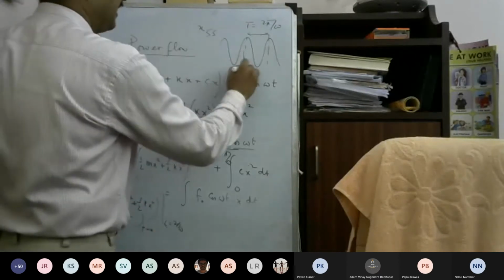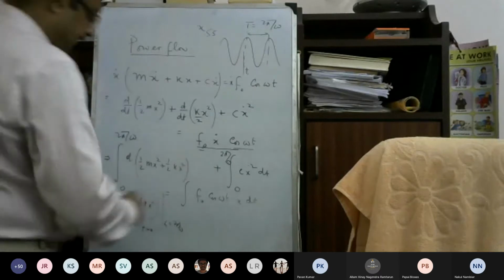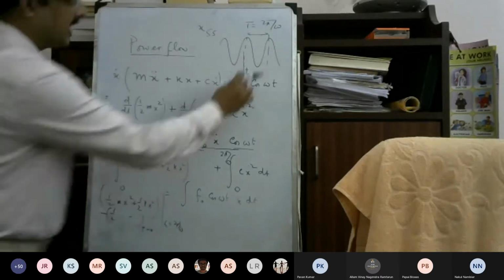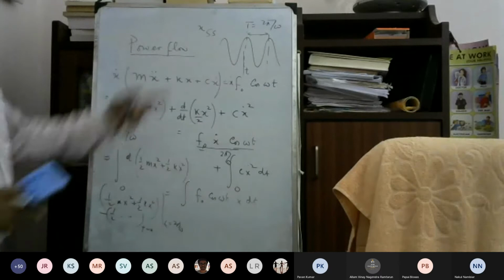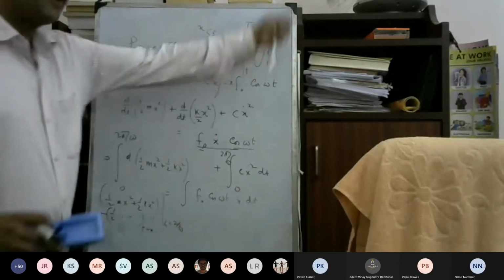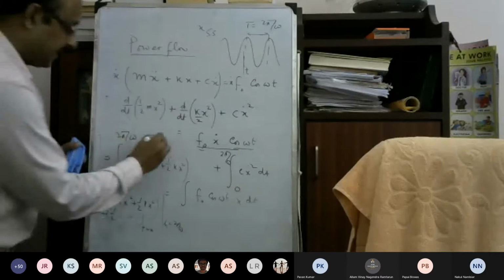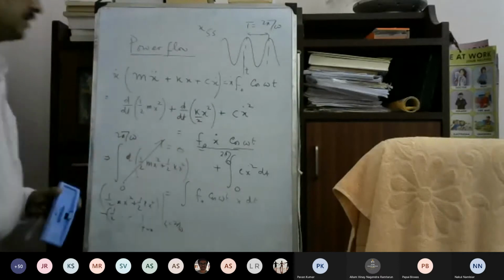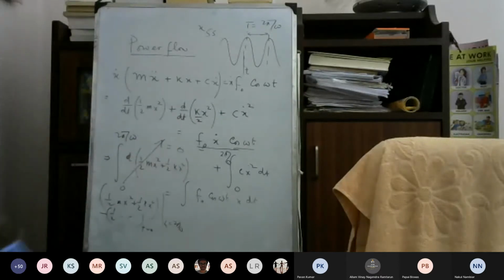So this is the difference between these two things at time t equal to 0 and t equal to 2 pi by omega. But because this is periodic, the entire thing will be the same because they will repeat after one period. So because of the periodicity, actually this will go to 0.